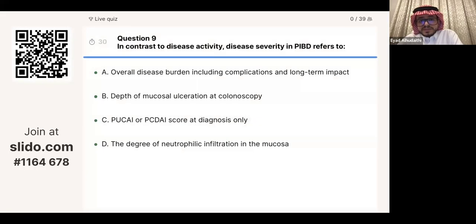So next question. In contrast to disease activity, disease severity in pediatric IBD refers to overall disease burden, including complication and long-term impact; depth of mucosal ulceration at colonoscopy; Bucci or pediatric Crohn disease activity index score at diagnosis only; the degree of neutrophilic infiltration in the mucosa.